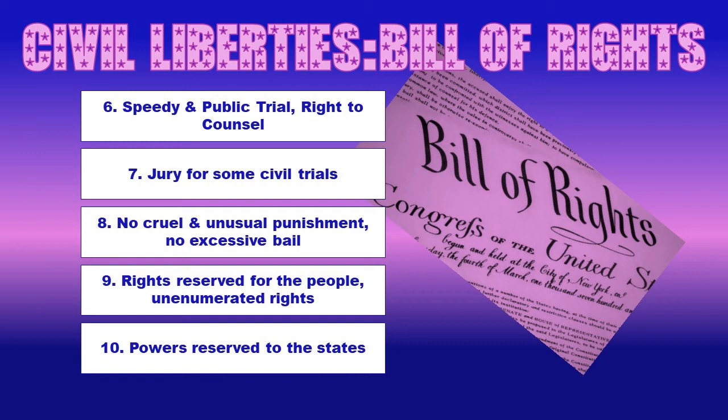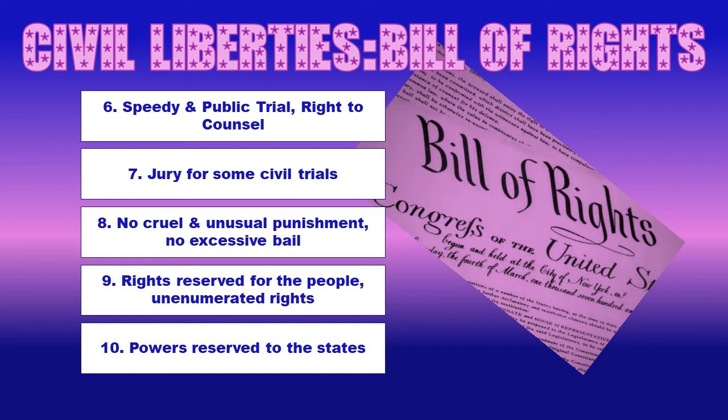9th and 10th Amendments, these allow the Constitution and the Bill of Rights to be a little more flexible. One of the main reasons why it has lasted for 250 years here. The 9th Amendment says that there are rights to the people that are reserved or unenumerated. That means, we just made a list of 8 rights that you have, 8 civil liberties, 8 protections from the government. The 9th Amendment tells us those are not the only ones.